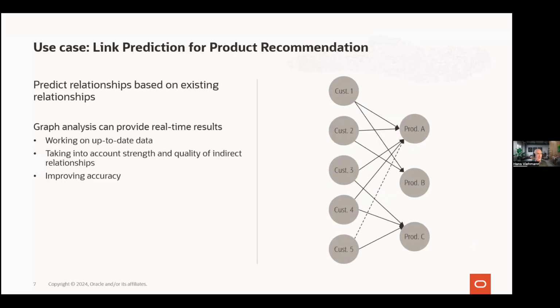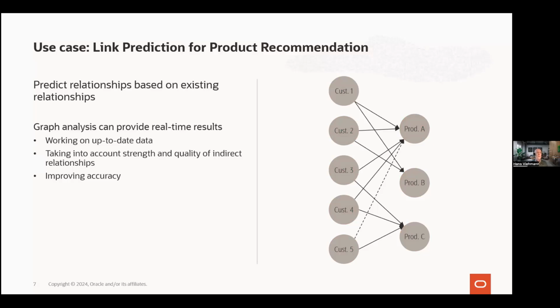The last use case, which I briefly wanted to touch on, is what we've got on this slide here, which is the use case of product recommendation, where if you take into account how customers are connected indirectly through products, you can get to a higher accuracy in your predictions.